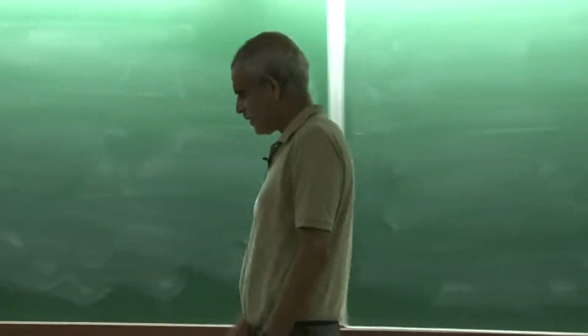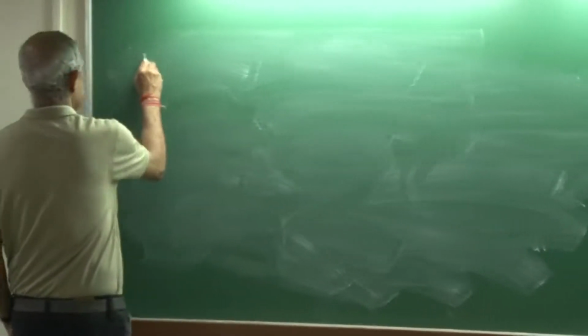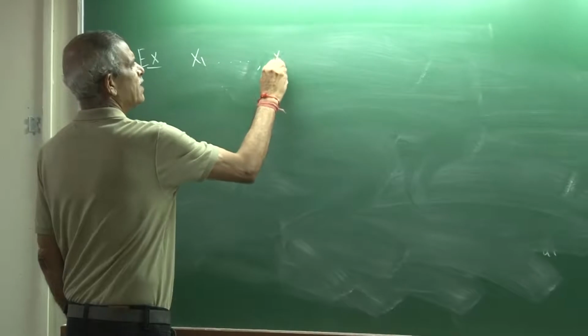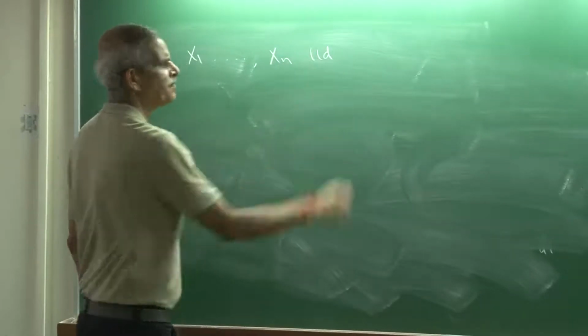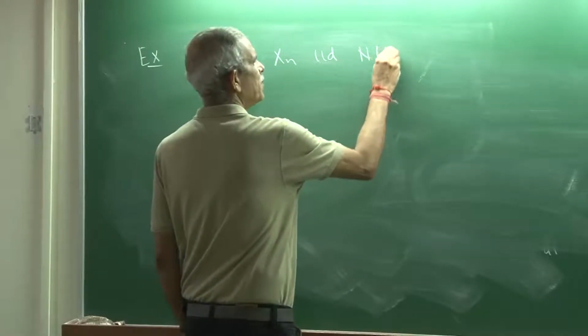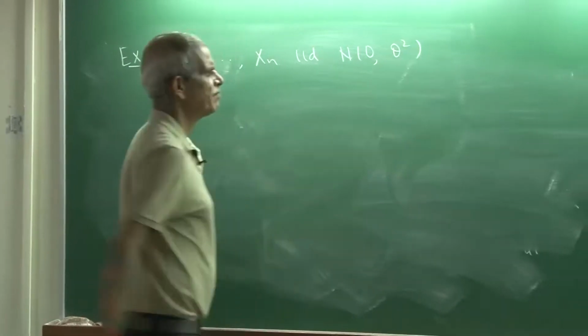So let's take one example. X1, X2, ..., Xn are IID Normal(0, theta square).